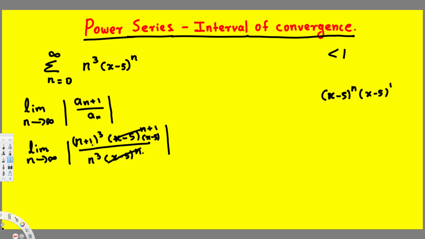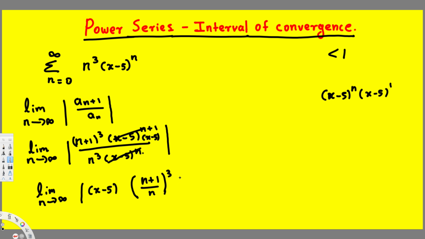And we have this one remaining, and let's see what we can do with this. So here we are going to have limit n approaches infinity. Since both of them have power 3, we can write them together. Like we have x-5, let's write that one in front, and in the big bracket we have (n+1) over n to the power 3, right?